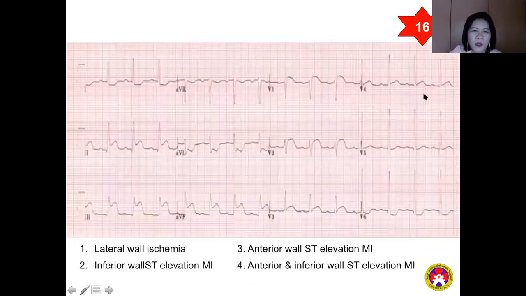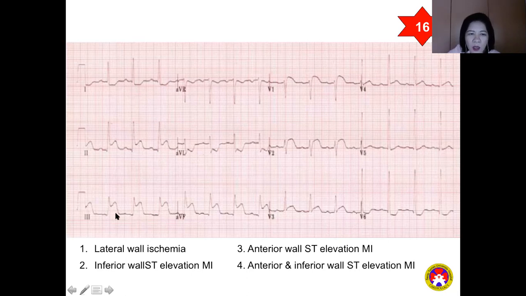Okay. Now about this one. Here, lead 1 shows you ST depression, aVL, downsloping ST depression. So you have a lateral wall ischemia. But in 2, 3, and aVF, you have ST elevation.